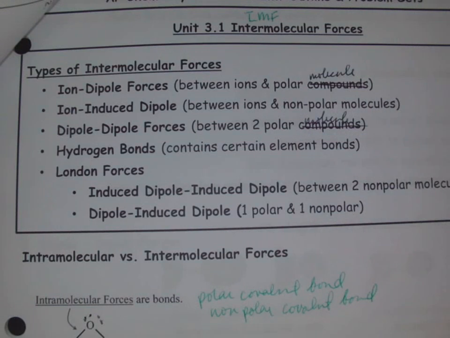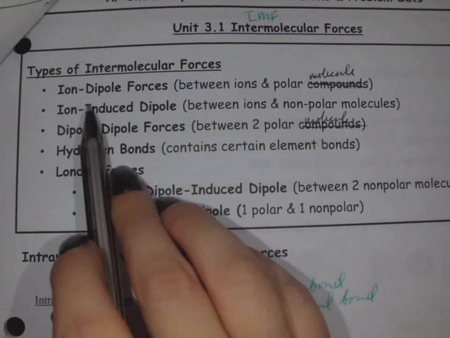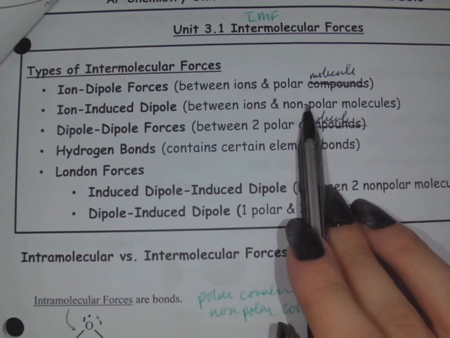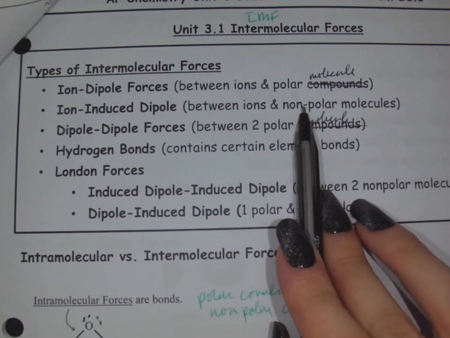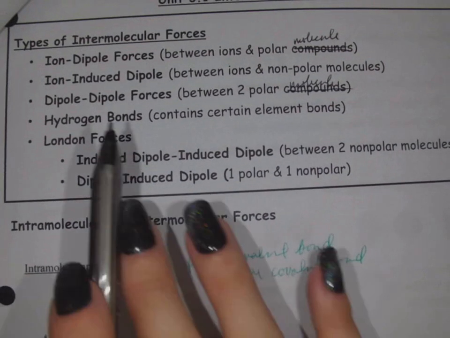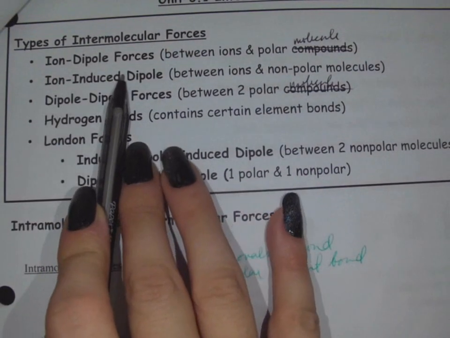So if we have an ion and a polar molecule, then the force of attraction between those things is going to be what we call an ion dipole force. If we have an ion and a nonpolar molecule, then what's happening in between is called an ion-induced dipole.